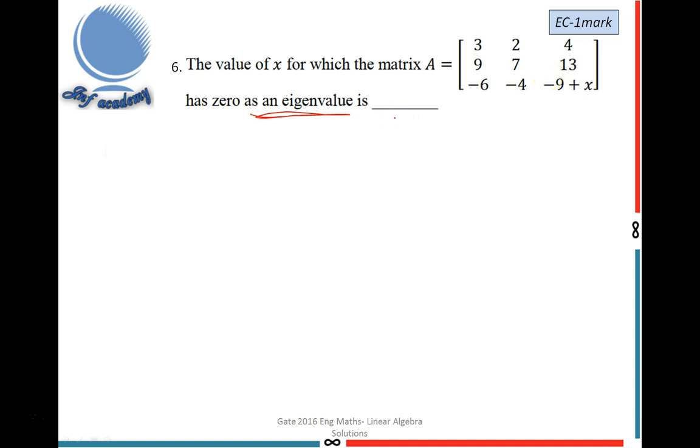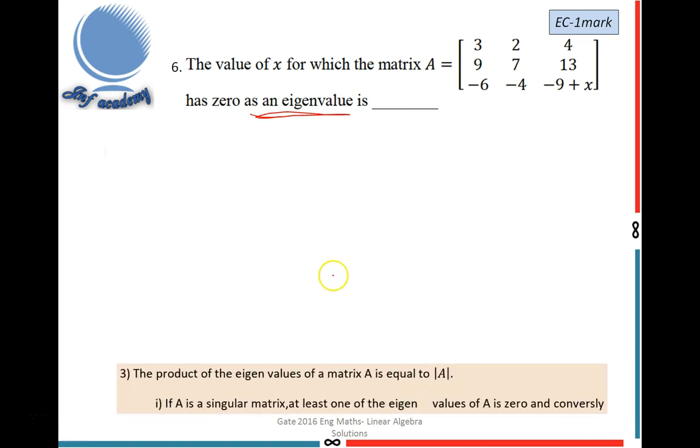Here I use one property, that is the product of the eigenvalues of a matrix A is equal to the determinant of A. That means if A is a singular matrix, singular means determinant A equals 0, then at least one of the eigenvalues of A is 0, and conversely. The converse means if one of the eigenvalues is 0, then determinant A equals 0.